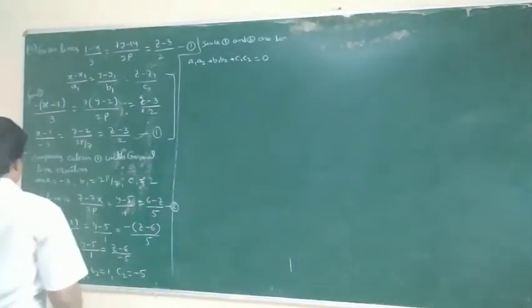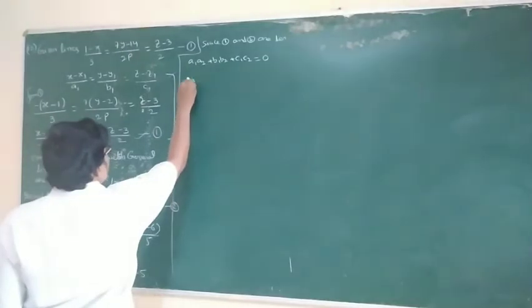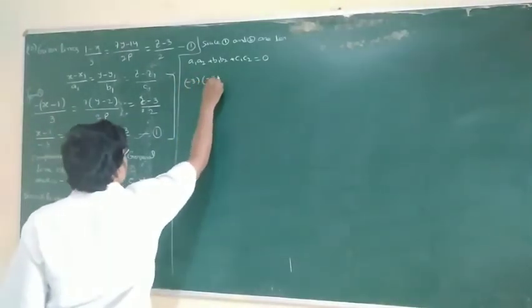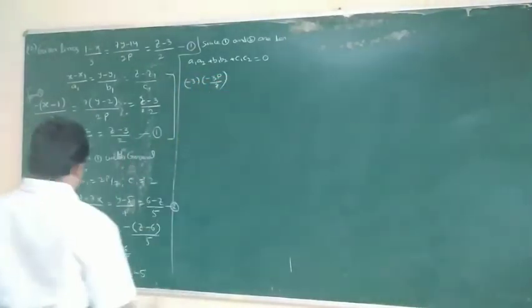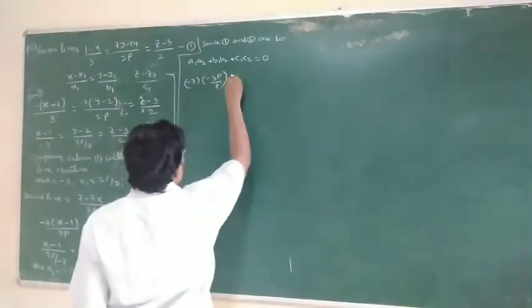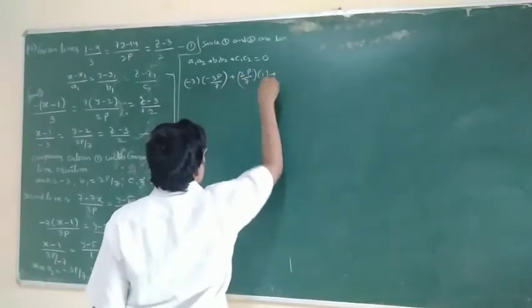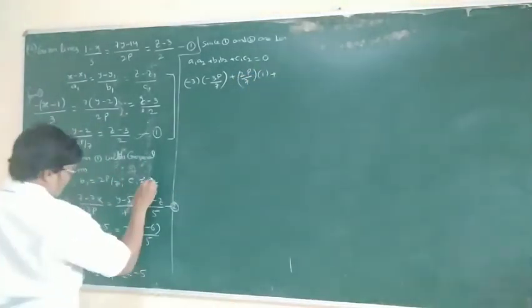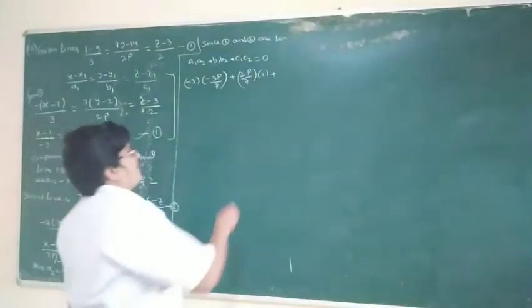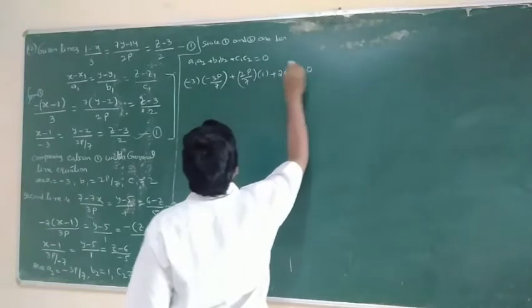What is a1? a1 a2 into minus 3p by 7, minus 3 into a1 a2 minus 3 by b1 is equal to 2p by 7 into 1 plus 2p by 7 into 1 plus c1 c2 2 into minus 5, 2 into minus 5 equal to 0.